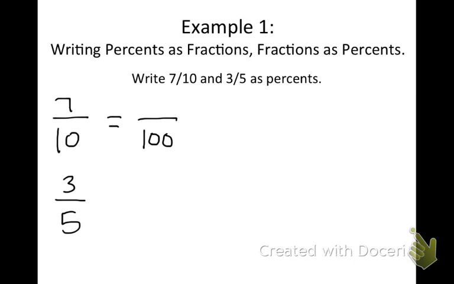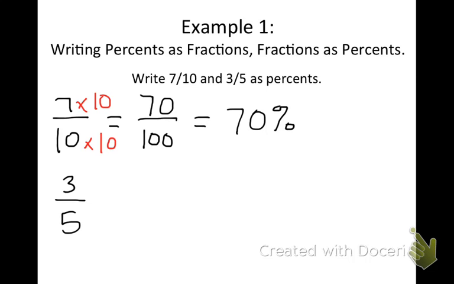Well, 10 times 10 will give us 100. So we're going to multiply our numerator 7 times 10 and our denominator 10 times 10. 10 times 10 is 100. 7 times 10 is 70. 70 over 100 is 70%.